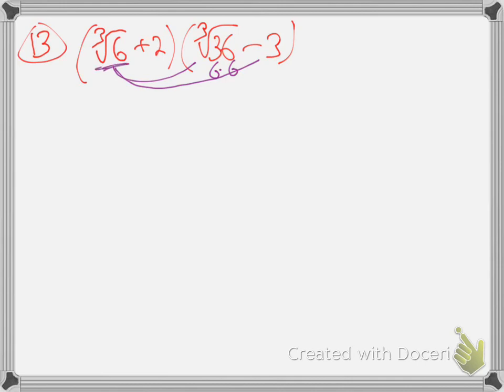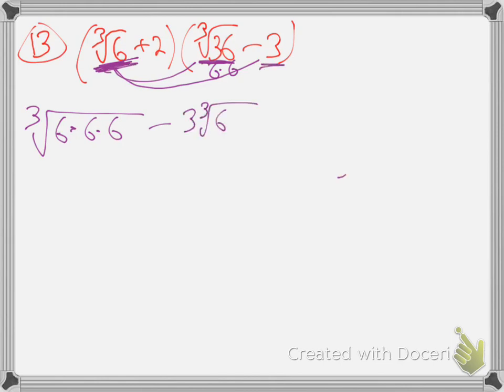So when we multiply this times this, it's going to be third root of the original 6, and then the other two 6's, the one from here and the 2 from there. Okay, so now let's keep going. Minus, and then the third root of 6 goes here, so the 3 just stays on the outside, and the third root of 6 stays where it is.